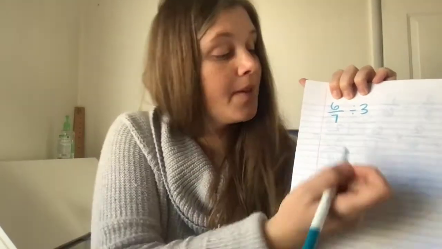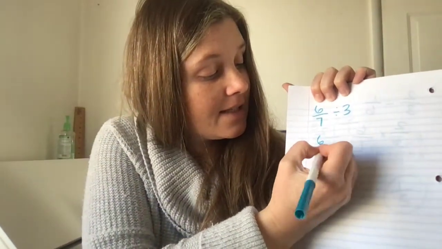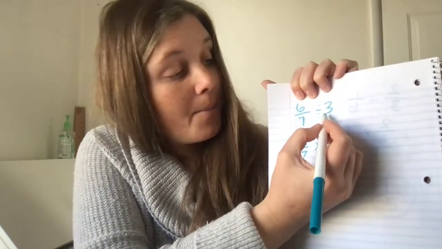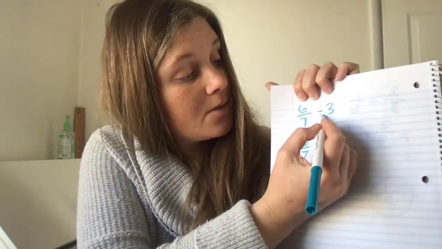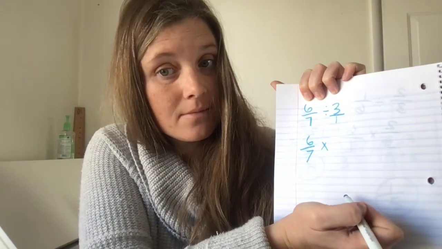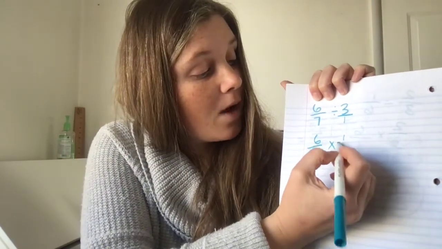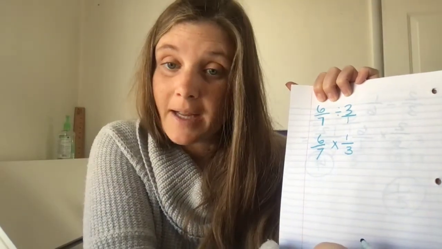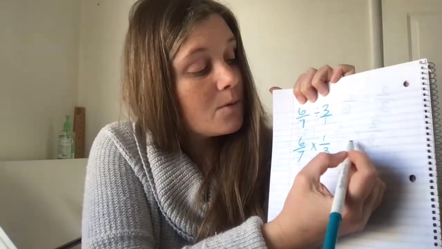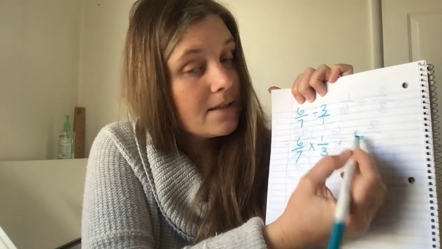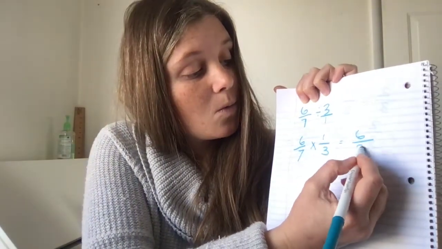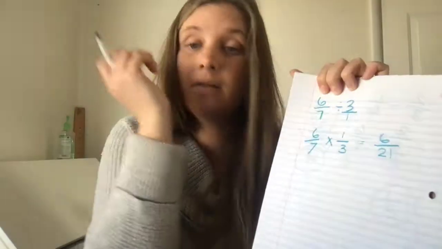Okay, here we go. 6/7 stays the same. We multiply by the reciprocal. This is 3, so we put it over 1. So now this becomes 1/3. Now we can multiply. 6 times 1 equals 6. 7 times 3 equals 21.